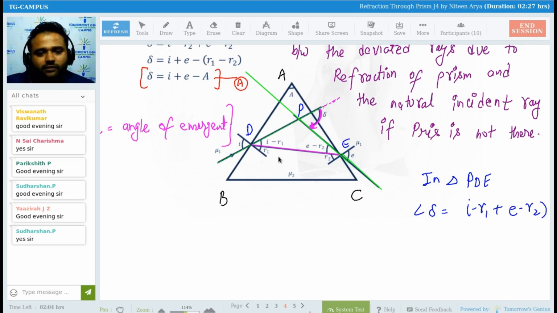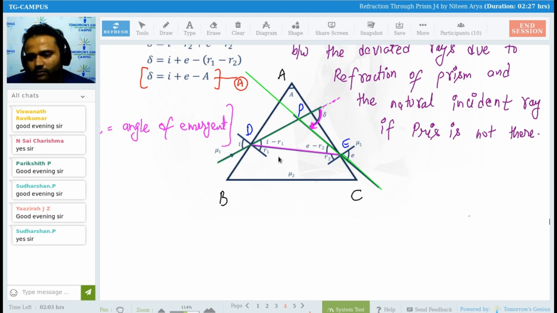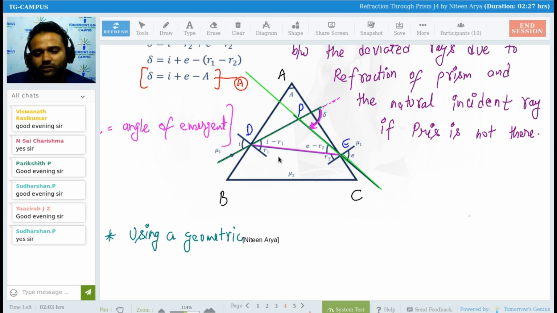I need to write here separately, using a geometrical theorem, a theorem of triangles.